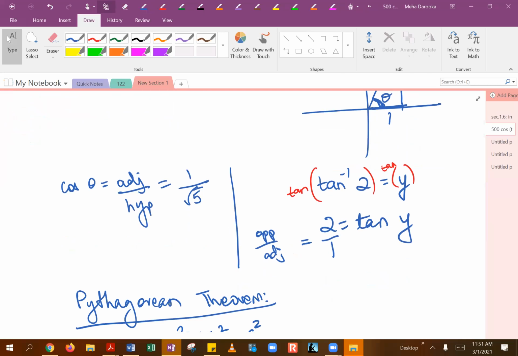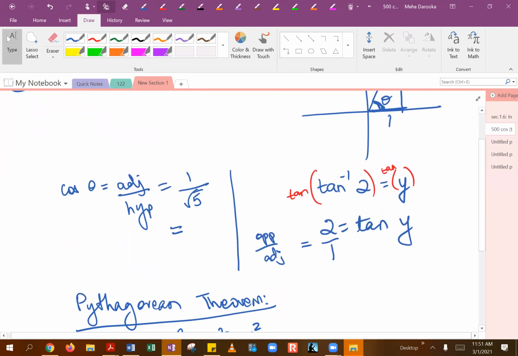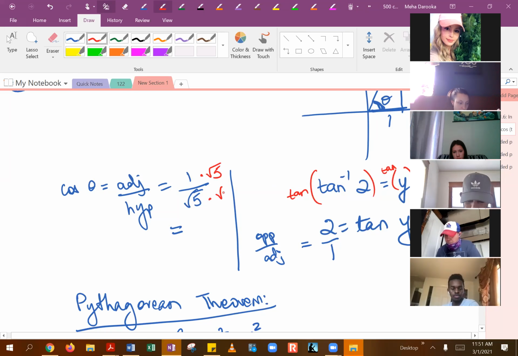Alrighty, so now go ahead and rationalize this, and what will you end up with? 1 over square root of 5 using this idea of adjacent over hypotenuse. So rationalizing that will end up giving us, yeah, very nice, square root of 5 over 5, because we would multiply both our numerator and denominator by square root of 5.